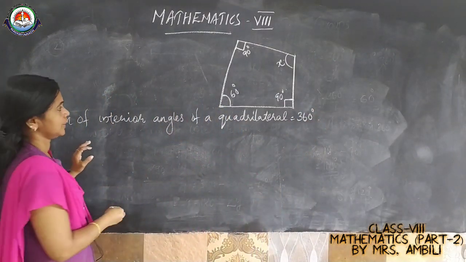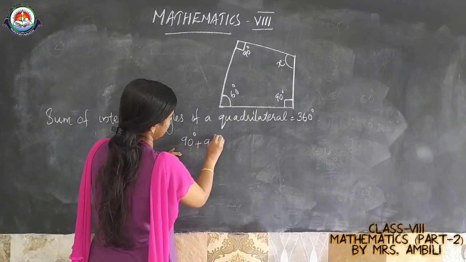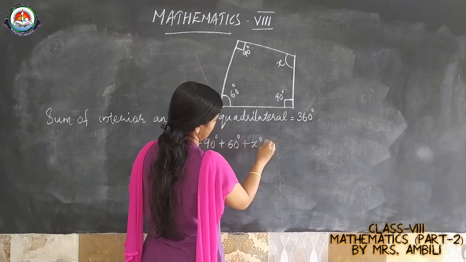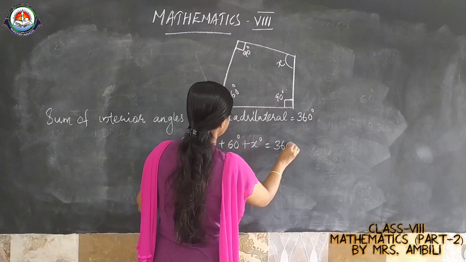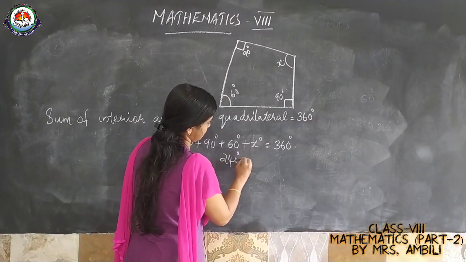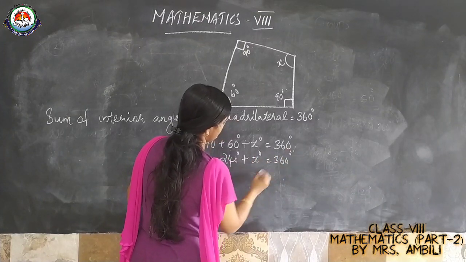Okay. Therefore, here 90 degree plus 60 degree plus x degree equal to 360 degree. 240 plus x degree equal to 360. So, what is x?